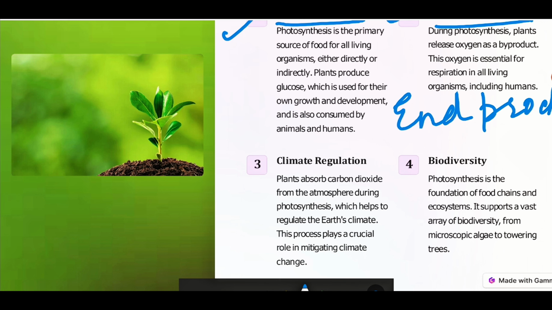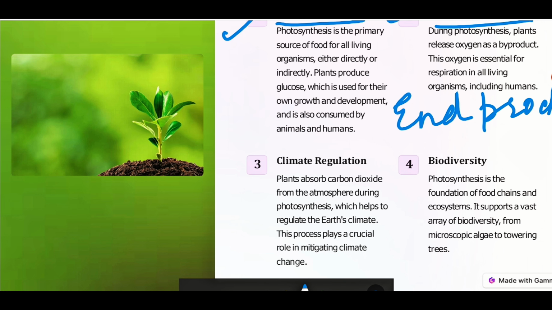So how will the balance be maintained? There will be no balance. Plants require carbon dioxide, so there will be more carbon dioxide if plants do not prepare the food, and there will be no oxygen, because when plants prepare the food, we get the oxygen. So it is very important.